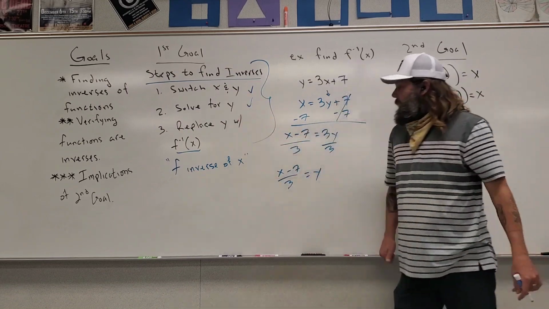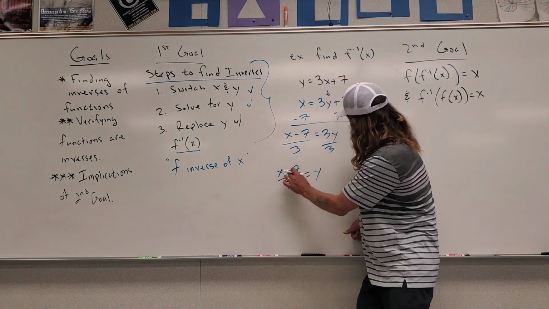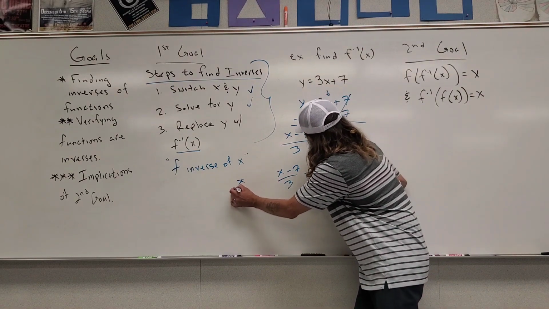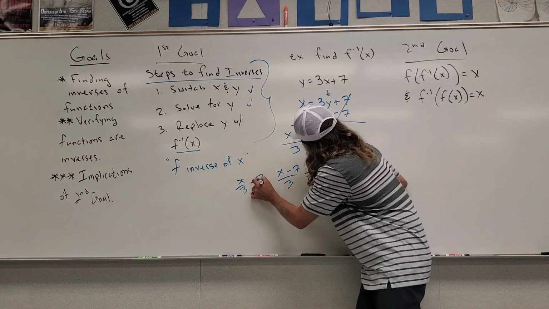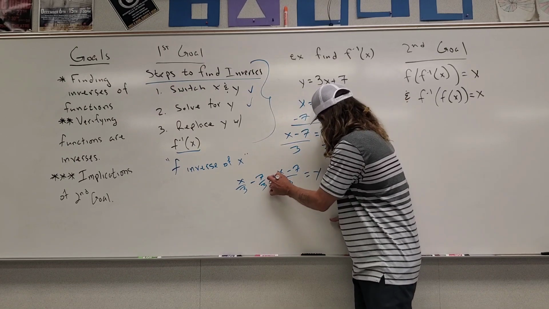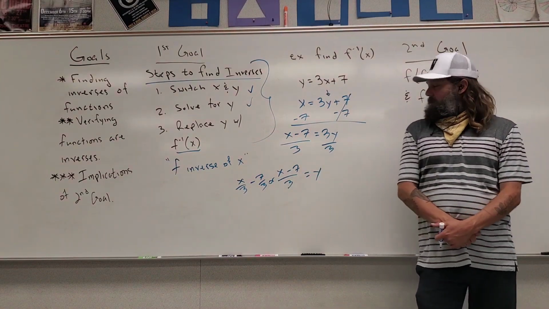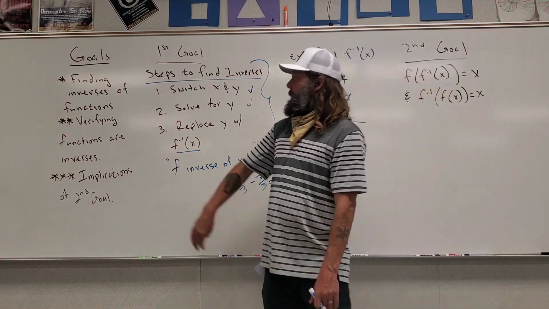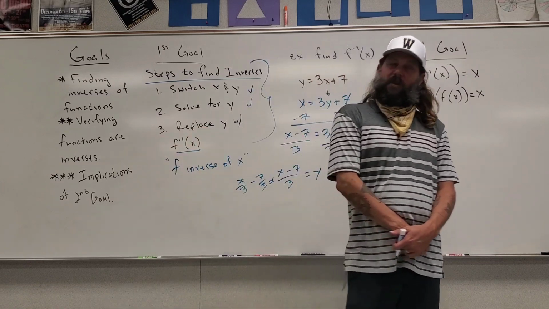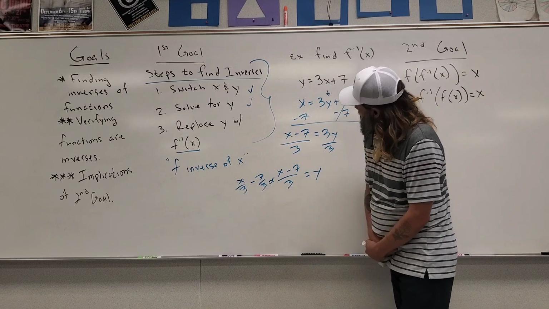And by the way, this equation is correct if you would have divided each of these individually by 3, x over 3 minus 7 over 3. But I want to show you to just put a fraction under the entire side of the equation. It's going to make it easier when we actually verify functions or inverses. All right, so we did step 2. We solved for y.